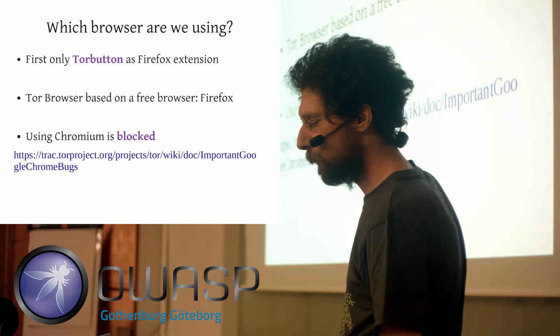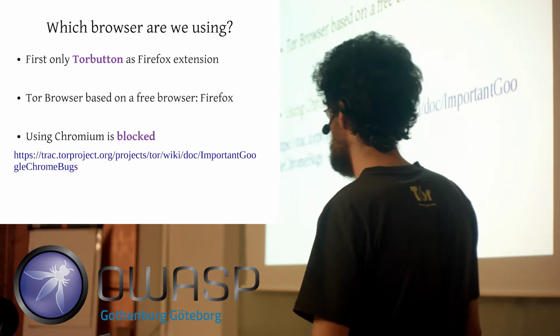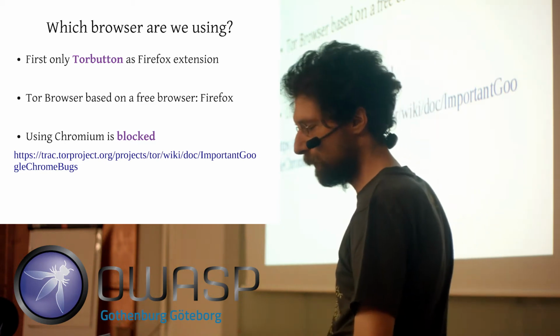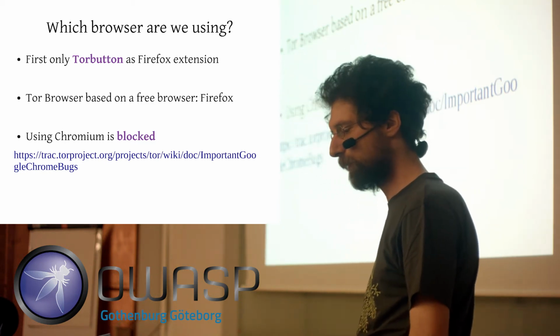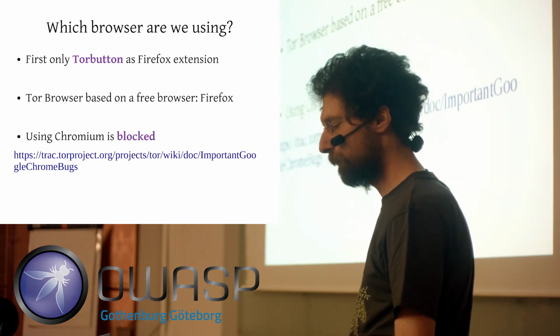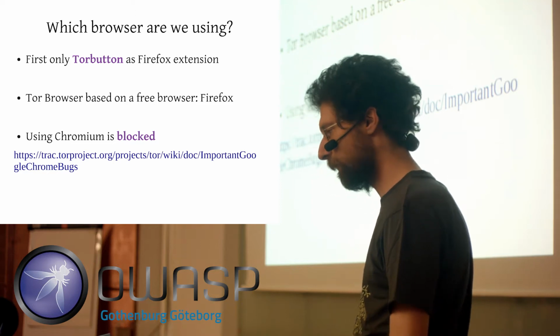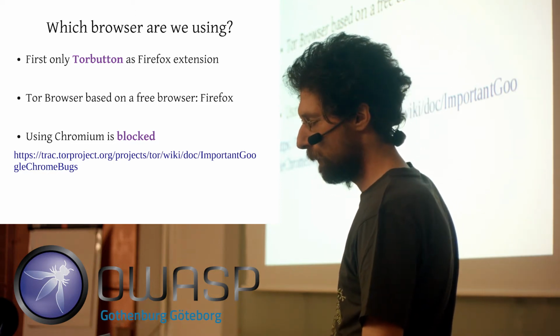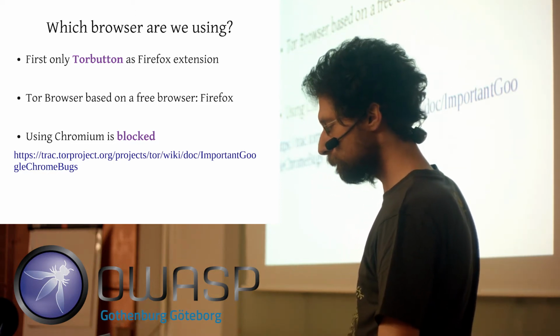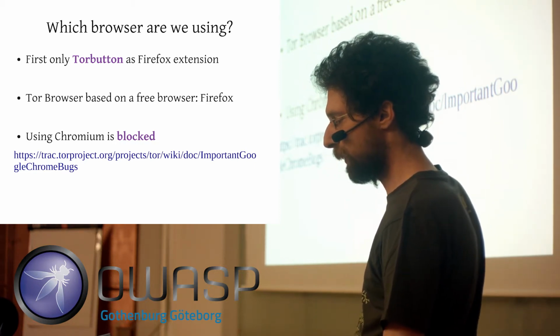You might think, why not use Chromium or Chrome? Because you might have heard that they have a better track record regarding security features. Well, the latter might be true, but the Chromium people are not really willing to fix some nasty leaks they have in their browser regarding privacy and proxy behavior.